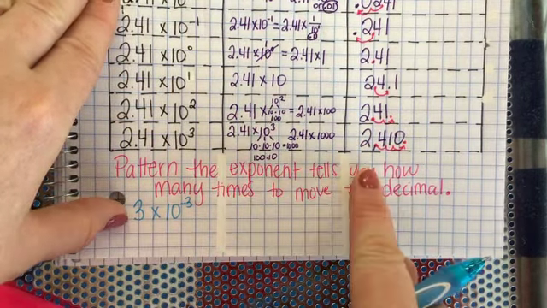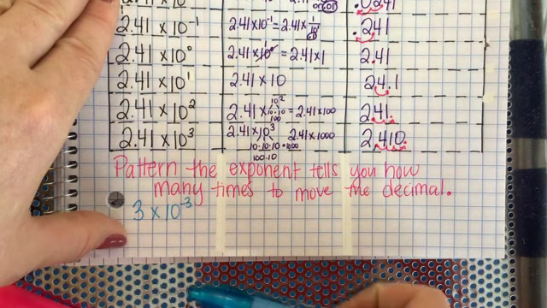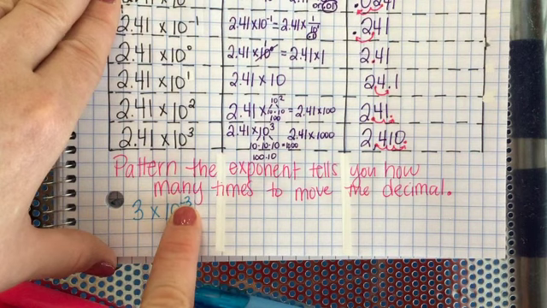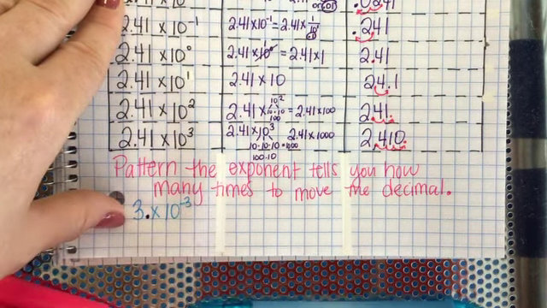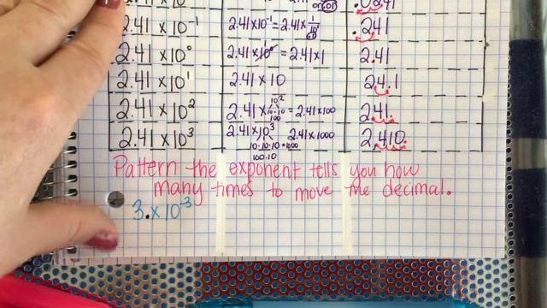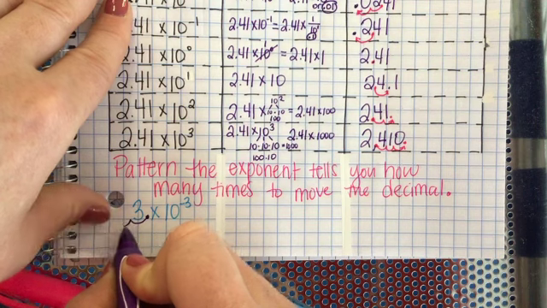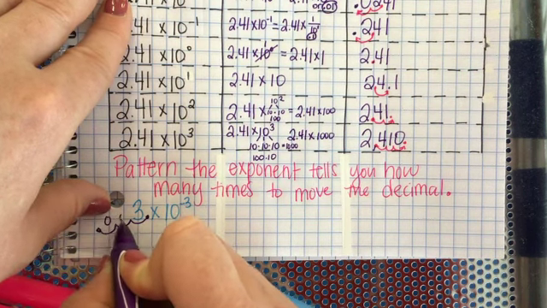Or if you can remember this pattern, that's how many times you're going to move the decimal. If the number is getting smaller, we know that this is a negative. So right now the decimal is right behind the 3 because there is no decimal written. I'm going to move it 3 times. 1, 2, 3. Fill it with zeros.